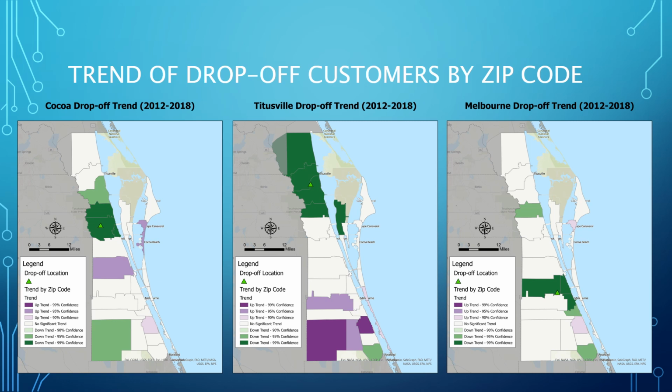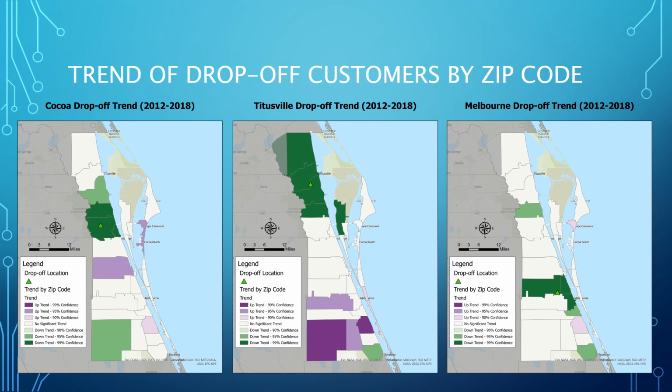For the Cocoa area, from the result we can tell that the trend for the number of drop-offs around the drop-off location is down. But the zip codes to the east and south of the Cocoa location show an uptrend.